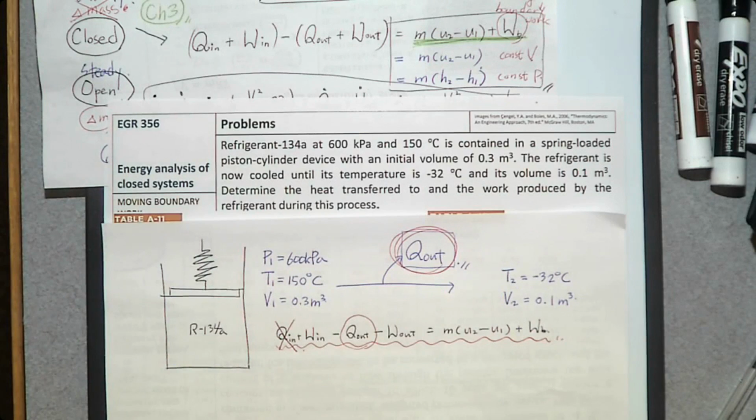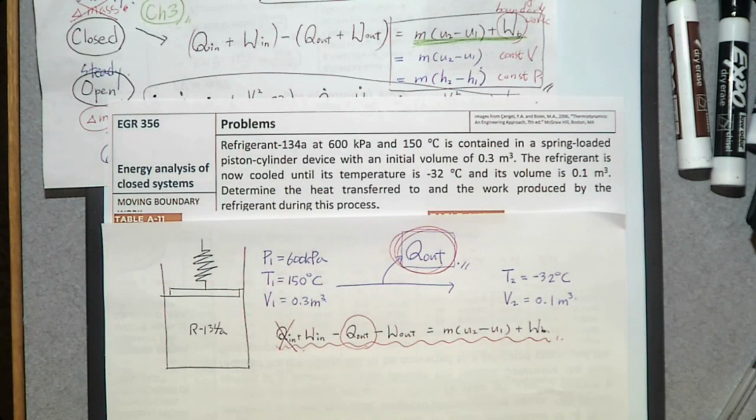What about work? What kind of work is there? We can definitely see this spring. So there's a spring work. What this spring work does, it changes the volume, right? What is the work that changes the volume among these three? Yes, boundary work. Because this is the work that will change the volume, right?